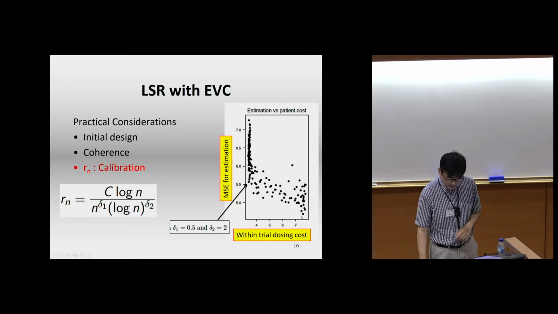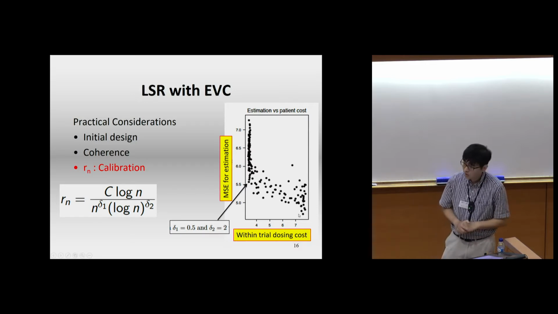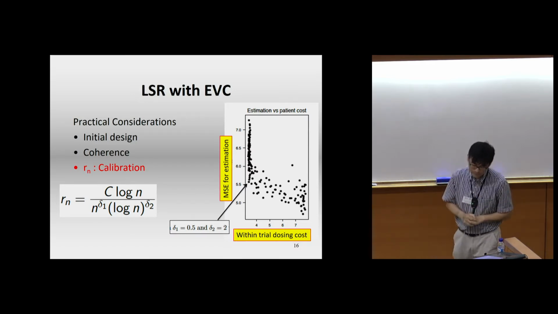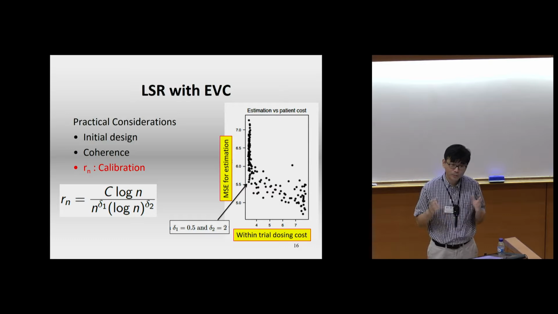So we see that in general, in order to have a small mean squared error, we need to induce a lot of costs on the patient. Which makes sense, right? If you just care about estimation, there's a lot of optimal design theory: you just need to spread out the design points so that you can get the best estimation.